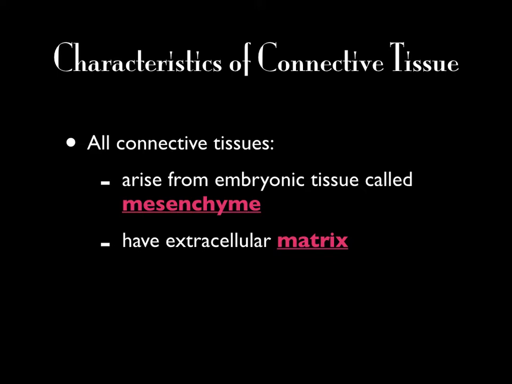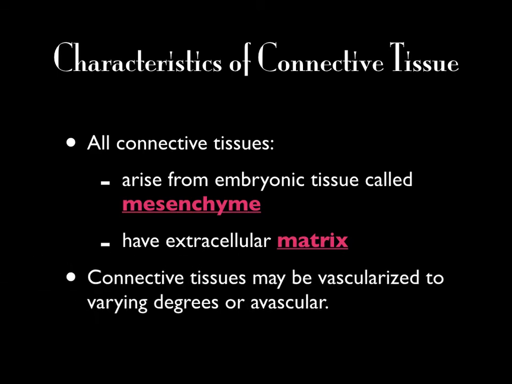We said that with epithelial tissues, there's very little, if any, matrix, but with connective tissue, we see different types of matrix surrounding the cells that comprise those tissues. Connective tissues may also be vascularized to varying degrees or be avascular. An example of an avascular connective tissue is cartilage.